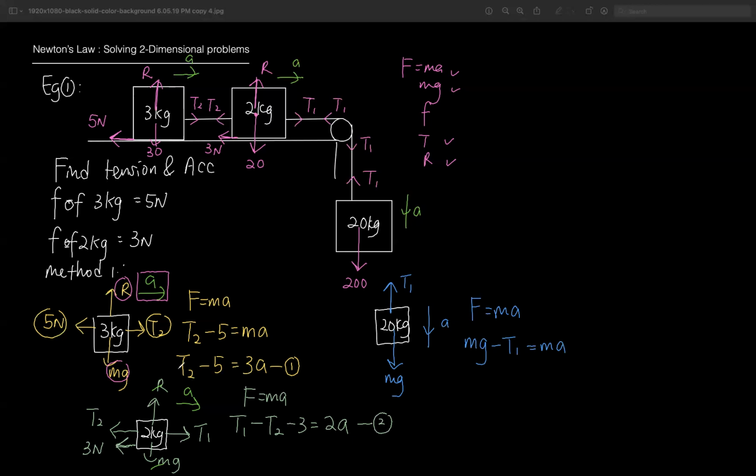That is why this is in your previous lesson, right? We learned to write the equations of motion. So mg minus T1 equals ma. Right, so T1 equals mg minus ma, and I'll just put T1 equals mg minus a, T1 is 20 times (10 minus a). And this becomes my equation 3.